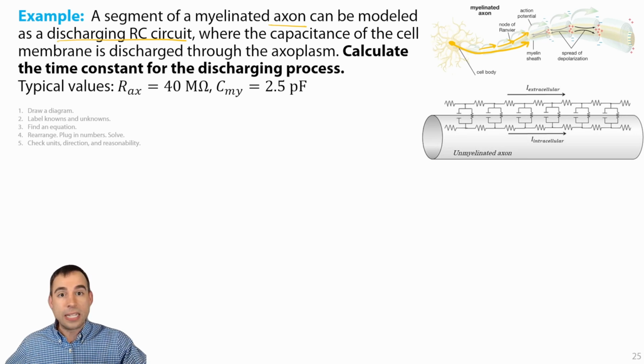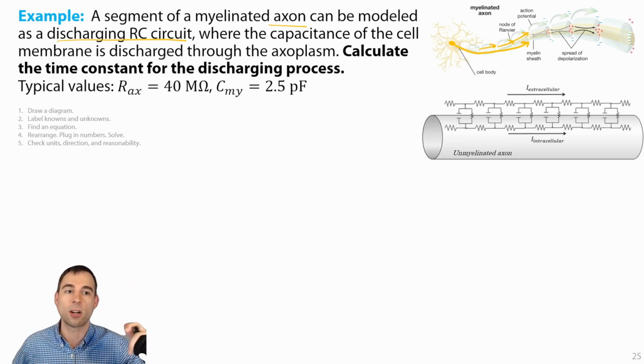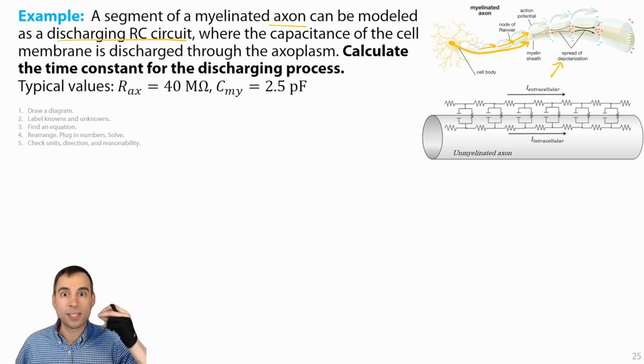There's a discharging type of electrical boost that it gets to make sure the signal makes it all the way to the end. And that discharging happens through a sheath that is coated around the axon. It has a capacitance and a resistance that is required to be overcome as it sends that electrical signal out and discharges.